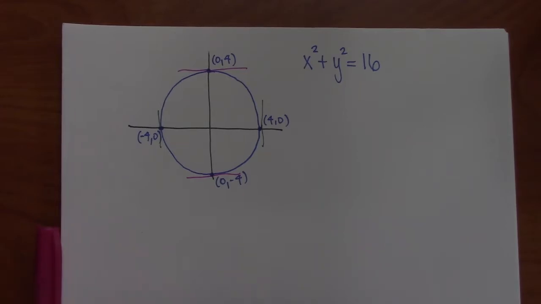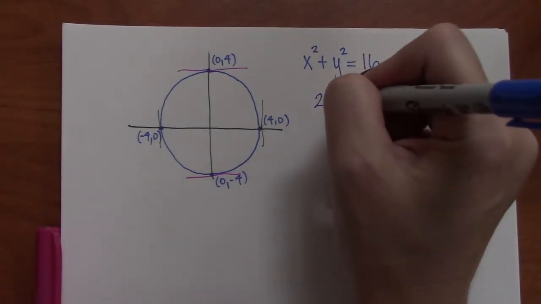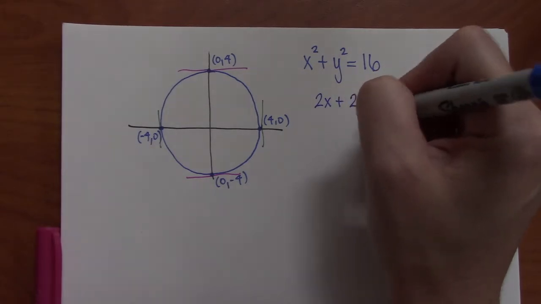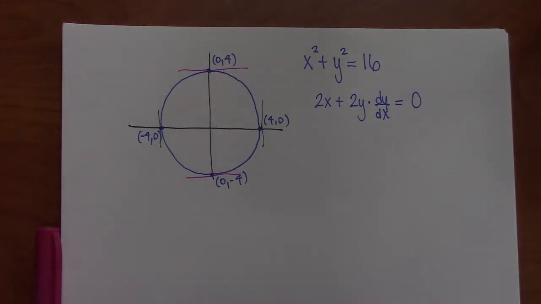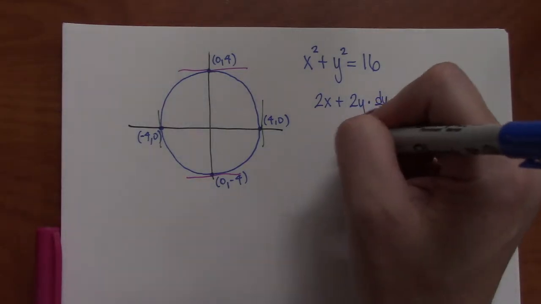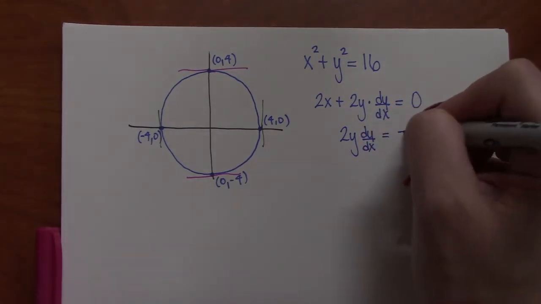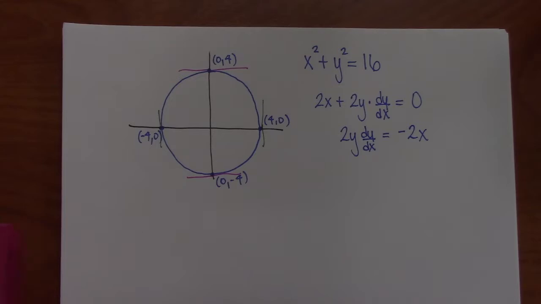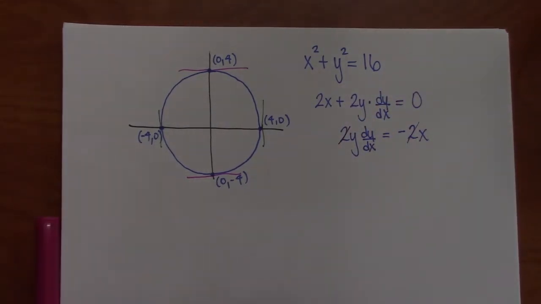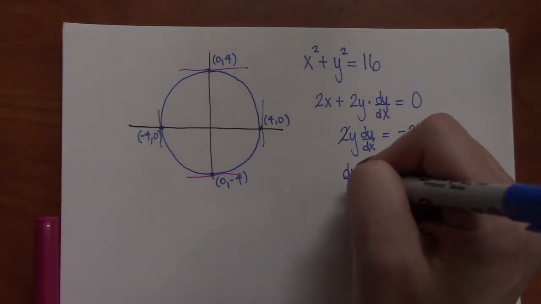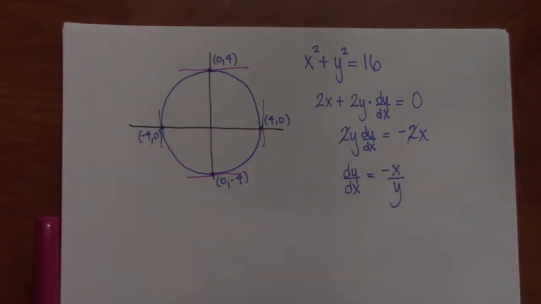If we take the derivative of this function implicitly, we get 2x plus 2y dy/dx, and on the right side I get 0. If I solve this for dy/dx, I can see here that these 2's are going to cancel, and dy/dx equals -x over y.